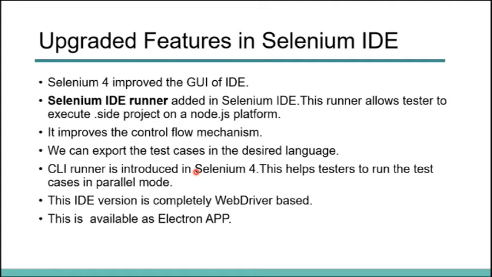In addition to the side-runner, there is also another new CLI introduced, which can run in parallel mode. The CLI runner is used for parallel mode, while the side-runner is used to run the side projects.